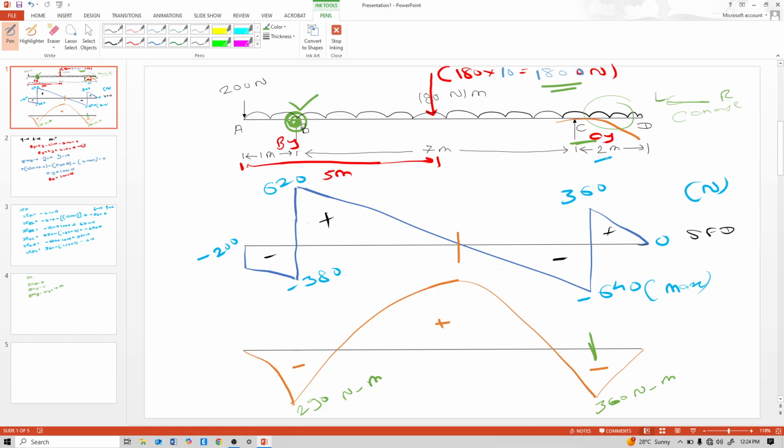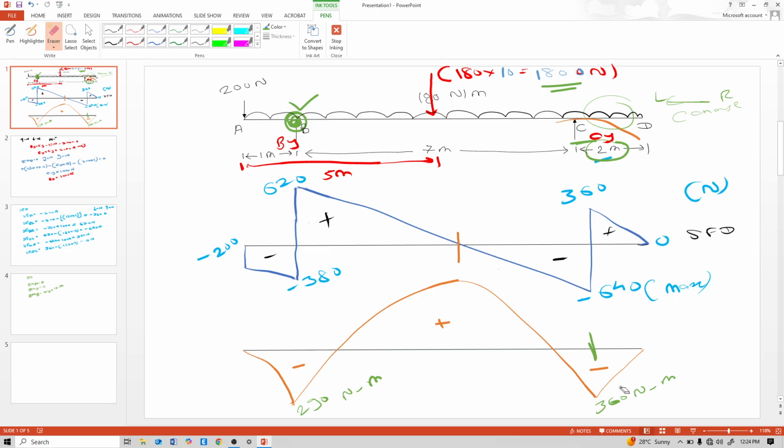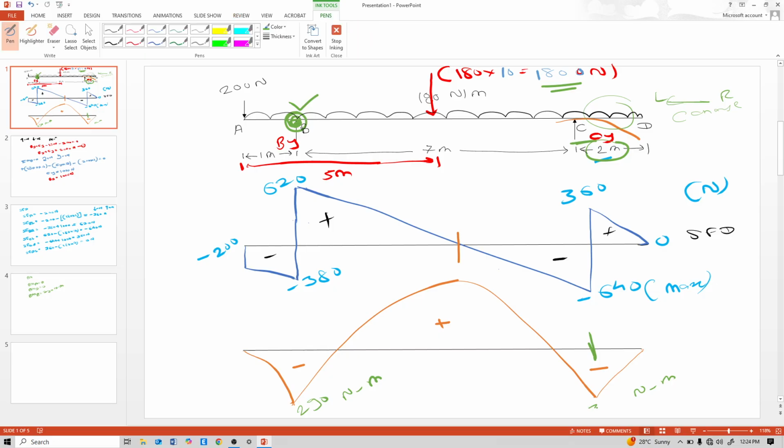See how distance changes bending moment. If you take 1 here, then bending moment is directly 90. But if you take 2, then bending moment is 360. It increases 4 times. If you increase length as double, then moment increases 4 times.